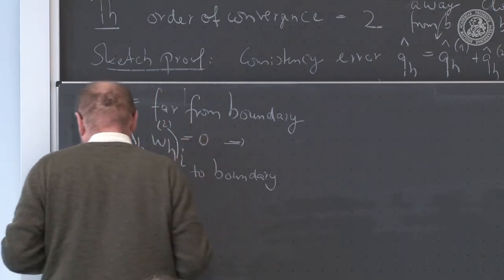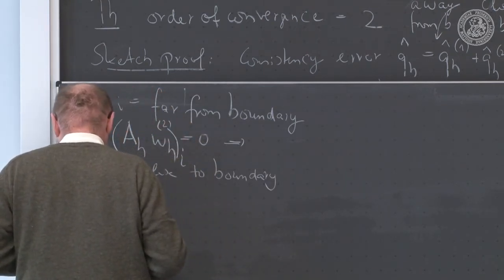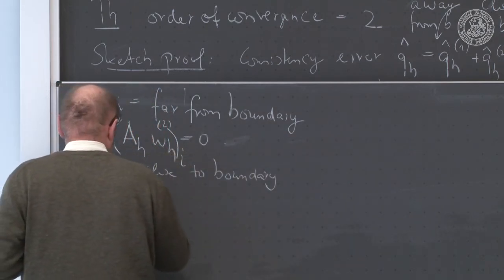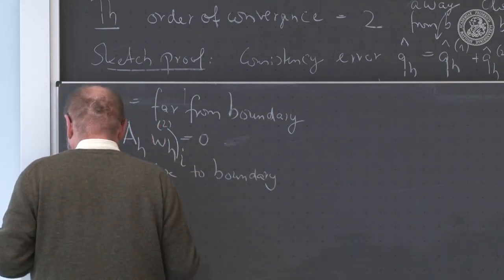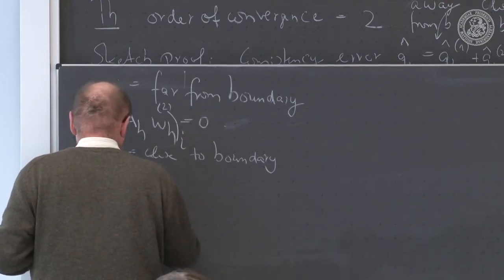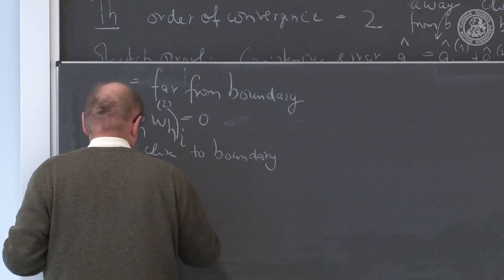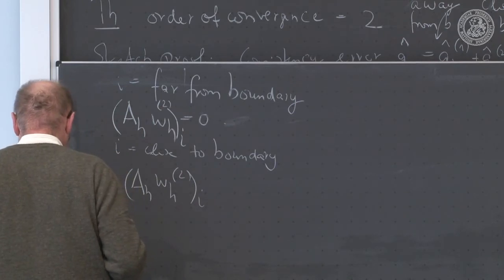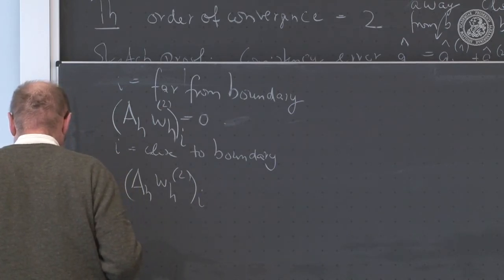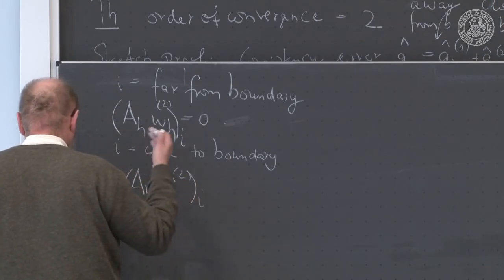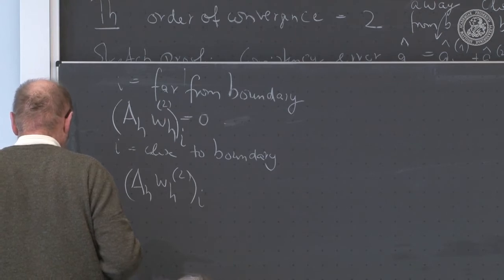Wait a second, what did I do? Yeah, this is what we have, and what we have in this case. In this case, in general, let me write it in this form. We have something like, not the 0, but what goes, so to speak, in the boundary condition.